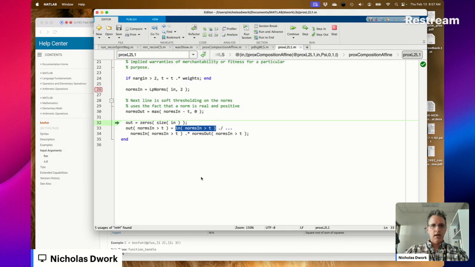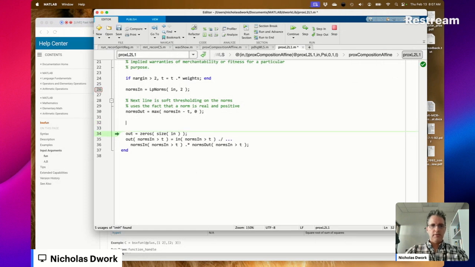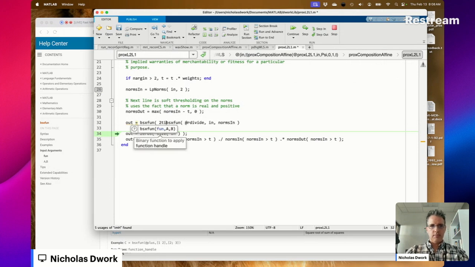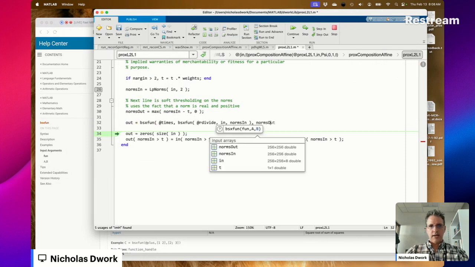I could do the other way of doing this problem, which we discussed in a video long ago, and now we need to take advantage of it. So out is equal to in. Put bsxfun at rdivide in norms in, bsxfun at times norms out.